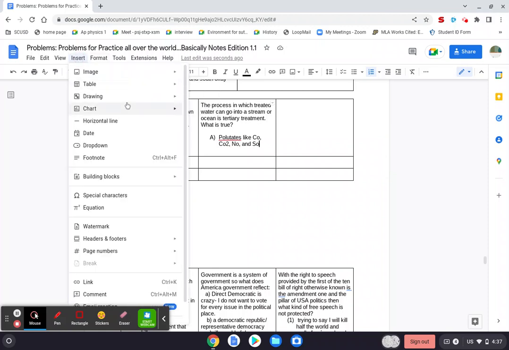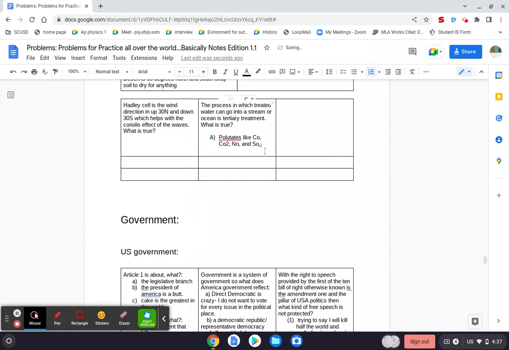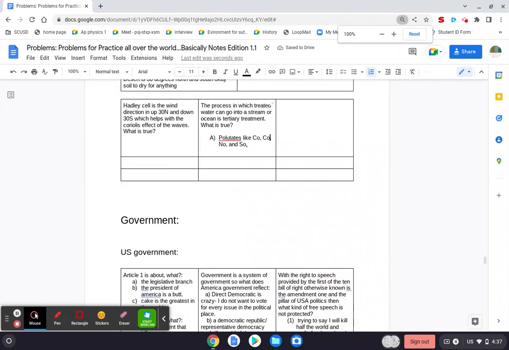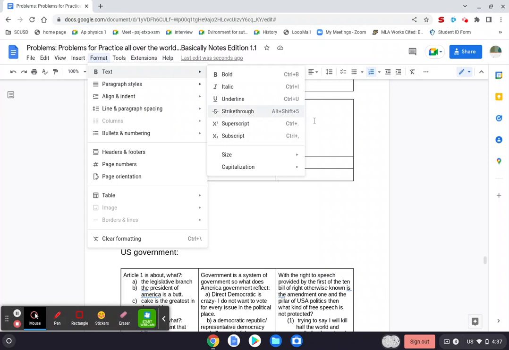Let me get this down. How do you get this down? Text subscript. Oh, it's control plus. Okay, X. So it's control plus. Does that work? Nope. What the hell is wrong with this? It says control plus, right?